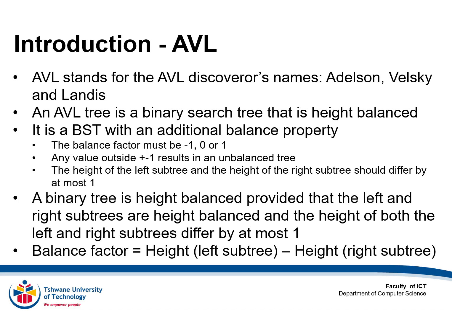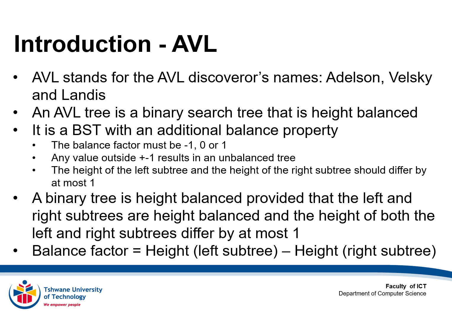An AVL tree is a binary search tree with an additional balance property. This balance property is basically what makes the height balancing. The balancing property says one must not exceed the balance factor of -1 to 1.